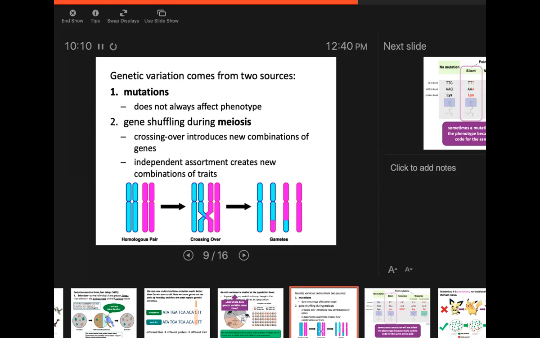The first being crossing over. Who remembers what crossing over is? Okay, so they're essentially swapping genetic information, right? So the chromatids from each chromosome cross over and swap genetic info. Okay, and then second is independent assortment, also known as random assortment. So this also creates new combinations because it's just happening by chance.